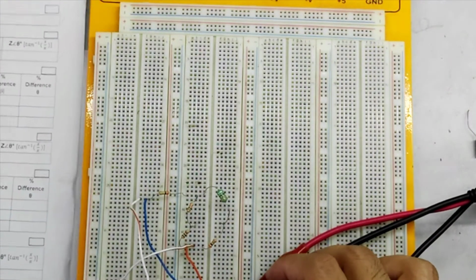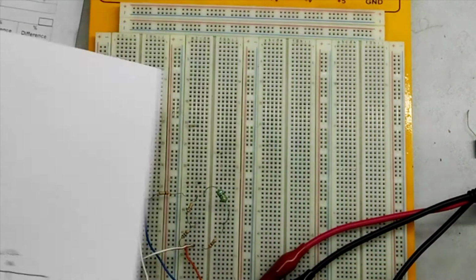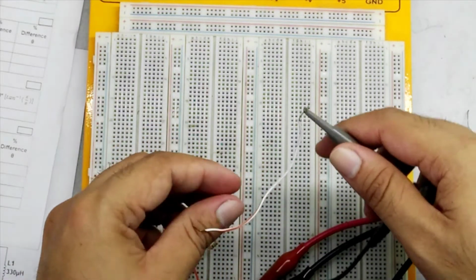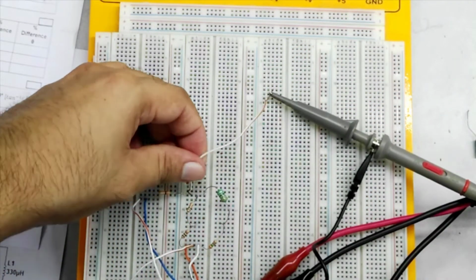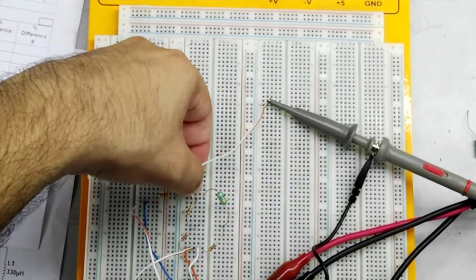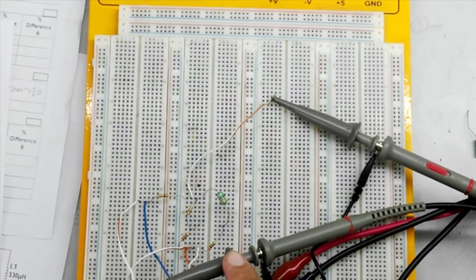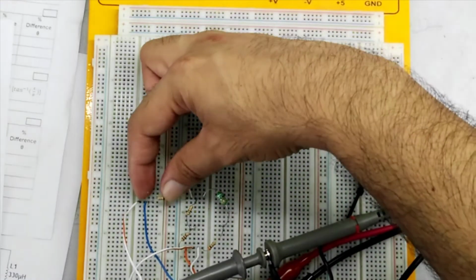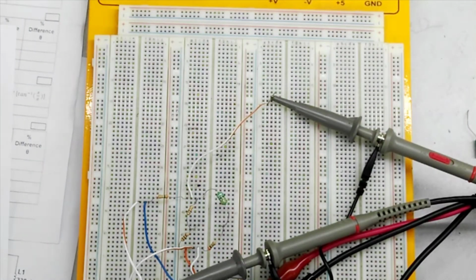So we will attach channel 2 to node A. The black wire always goes to ground, and I connect the positive part of channel 2 to node A. So I'll be able to set the source voltage using channel 1. Then I can use channel 1 minus channel 2 to get the voltage across this resistance, which will help me to calculate the current supplied by the function generator.